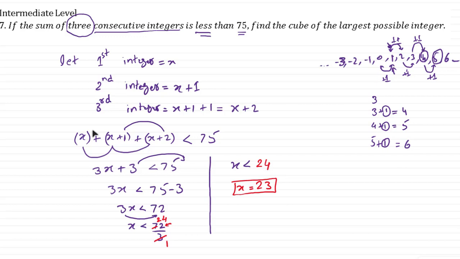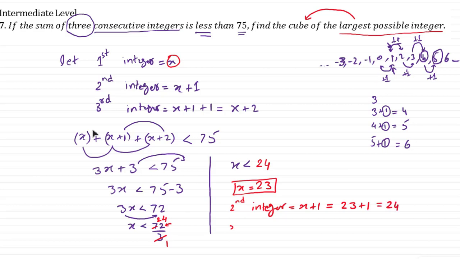Now we want to find the largest possible integer, then we will find its cube. As x is the first integer, now second integer will be x plus 1, which will be 23 plus 1, and which is 24.